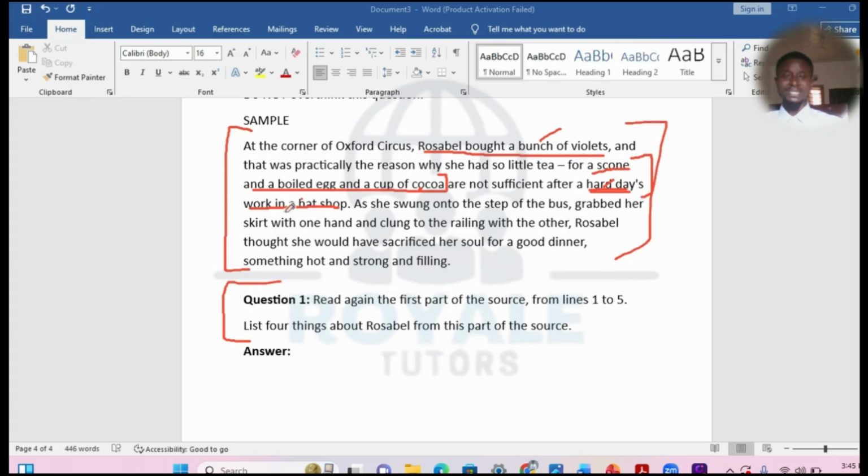But then let's see if there is still more information in this text. So the next expression says, as she swung onto the step of the bus. That is information about Rosabel. She swung onto the step of the bus. Grabbed a skirt. She grabbed a skirt with one hand. That's also another information. And clung to the railing with the other.